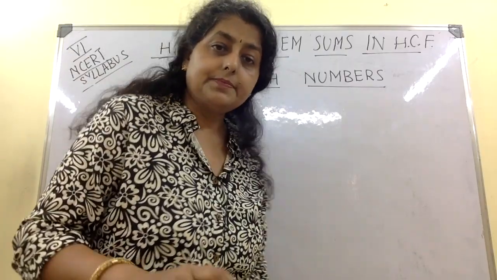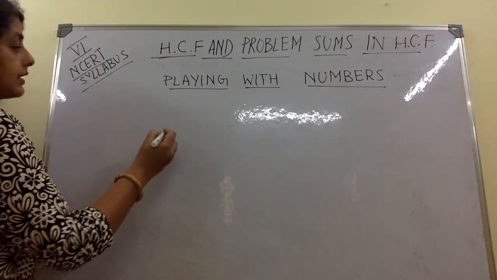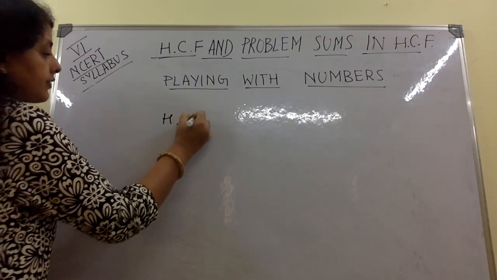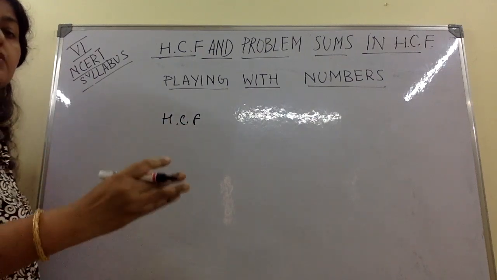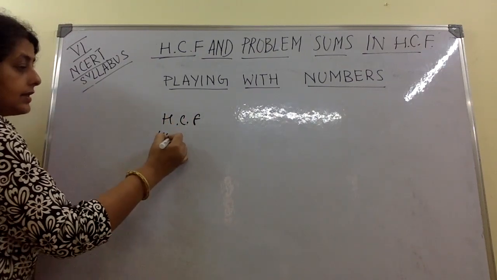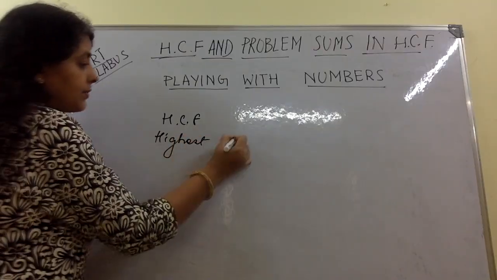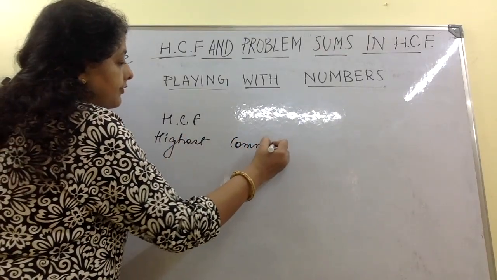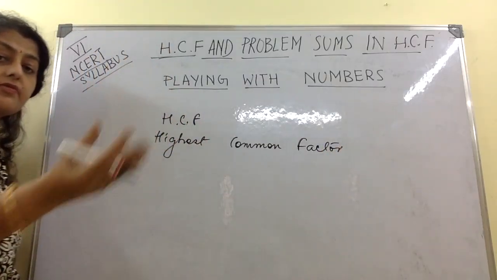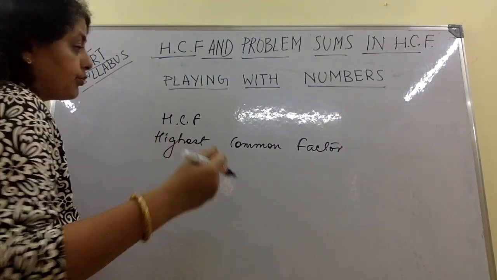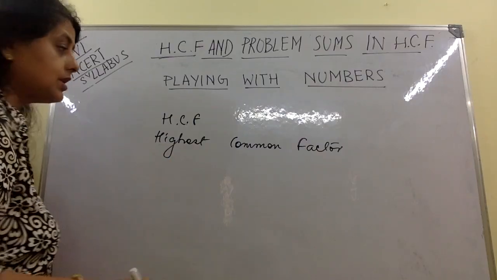Okay, let's start then. Now let's take HCF, which means highest common factor. Sometimes earlier it was called GCF, greatest common factor. It's the same thing. If some book is telling GCF, it is nothing but HCF.